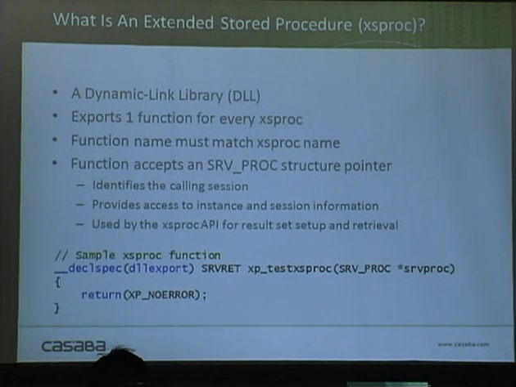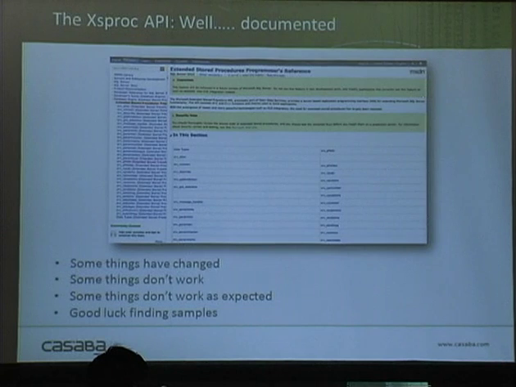This function export right here is kind of the base skeleton of what an extended stored procedure can be. This will compile, this will call, and this will return correctly. There's not much to them. The documentation surrounding these is suspect. Everything's there that was initially implemented in 2000, and some of this was even implemented in SQL 7.